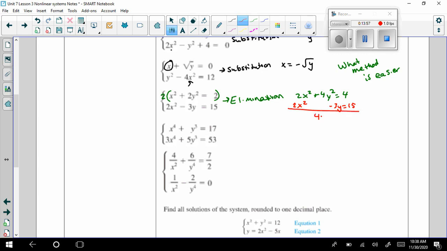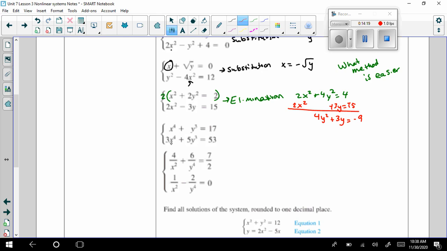I get 4y squared minus negative, remember, these signs are going to flip if I'm subtracting, so plus 3y equals negative 9. And then I can solve with quadratic formula or factoring or whatever and plug in. So get rid of your x's using elimination.